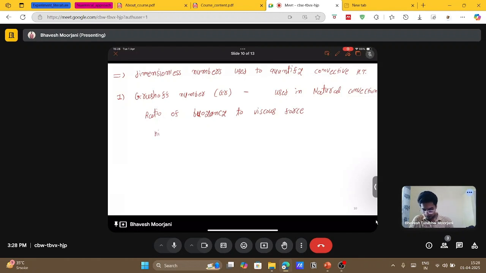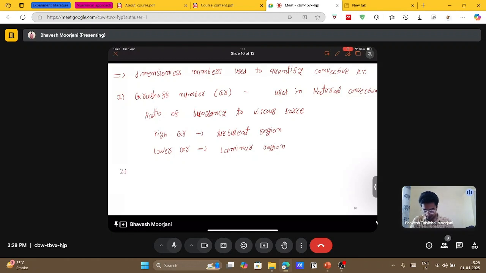So if you have higher Grashof number, that means you are in a turbulent region. If you have a lower Grashof number, that means we are closer to the laminar region. There are equations for this also. I will show you it after this explanation part. Okay, so this Grashof number helps us to determine in which region we are lying.